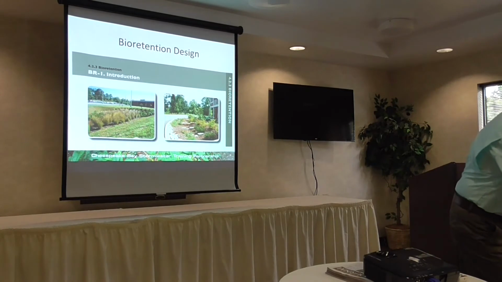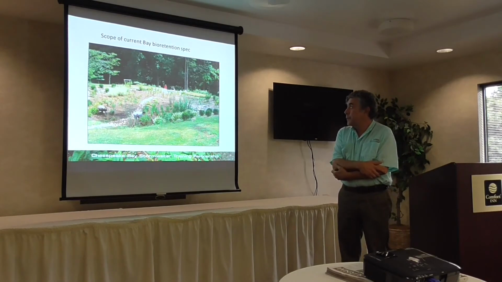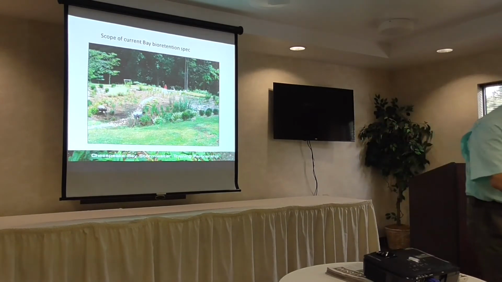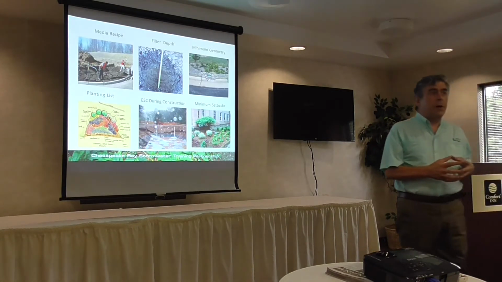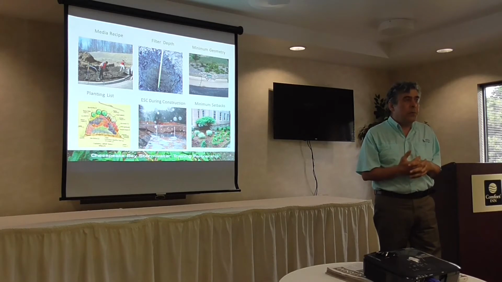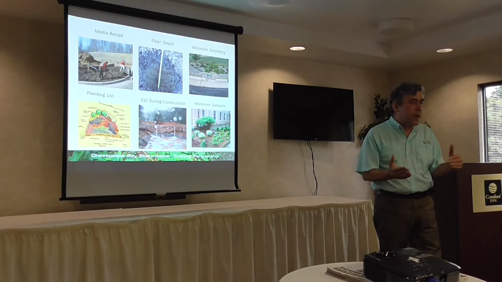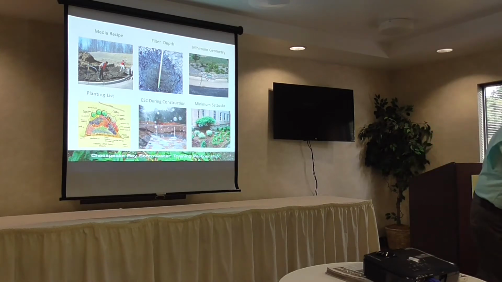Okay, in terms of the bioretention design specification, what we'll talk about this morning is what's the right recipe for the media, how shallow or deep does the bioretention area have to be, what sort of minimum geometry do we need to accomplish, a little bit about planting lists and what species do the best, how do we protect the area during construction, what kind of setbacks we would have from buildings, foundations, water lines.